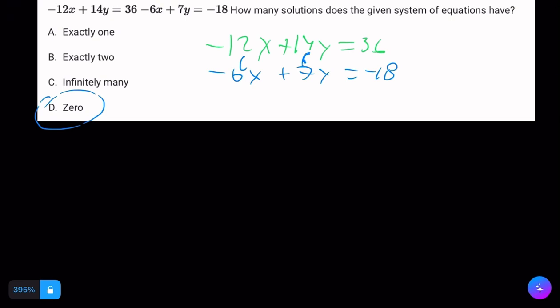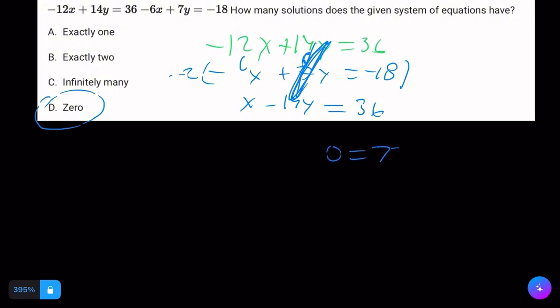So for everything to cancel out, I'm going to need to multiply the whole bottom equation by negative 2, which gives me positive 12x minus 14y, which equals positive 36. So the x's cancel out, the y's cancel out, and I'm left with 36 plus 36, which gives me 0 equals 72.